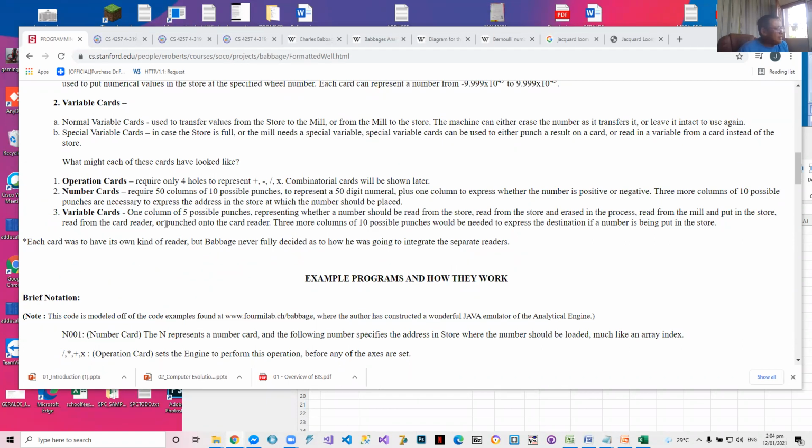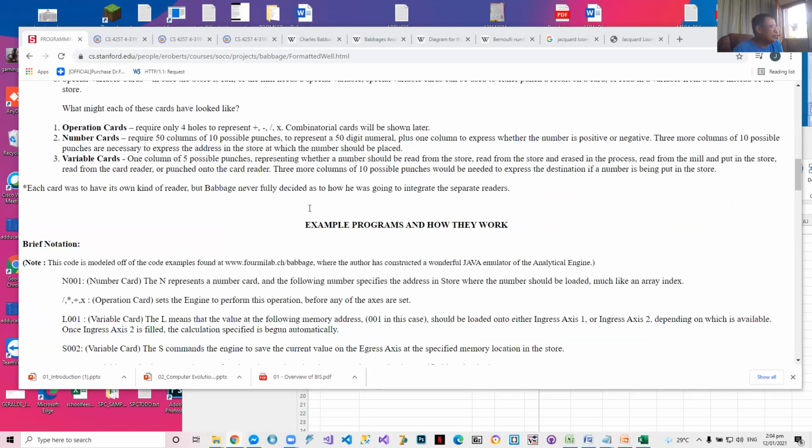And variable cards contain a number that should be read from the store, or read from the store and erased. It's a transfer: it stores a number to be transferred to the store or to be read from the store.